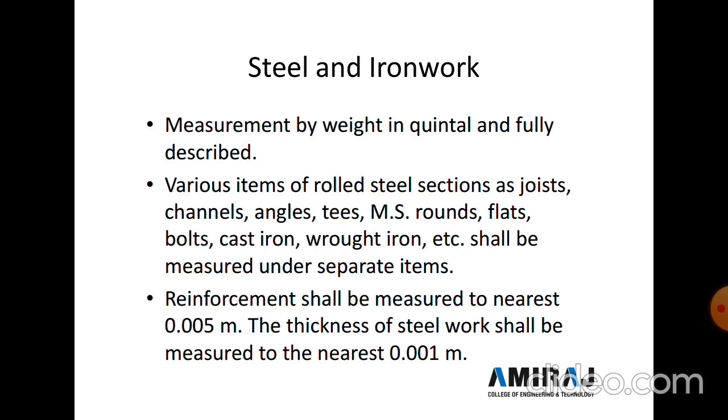Various items of rolled steel sections such as joists, channels, angles, tees, MS rounds, flats, bolts, cast iron, wrought iron, etc. shall be measured under separate items. Reinforcement shall be measured to the nearest 0.005 meter, and the thickness of the steelwork to the nearest 0.001 meter.